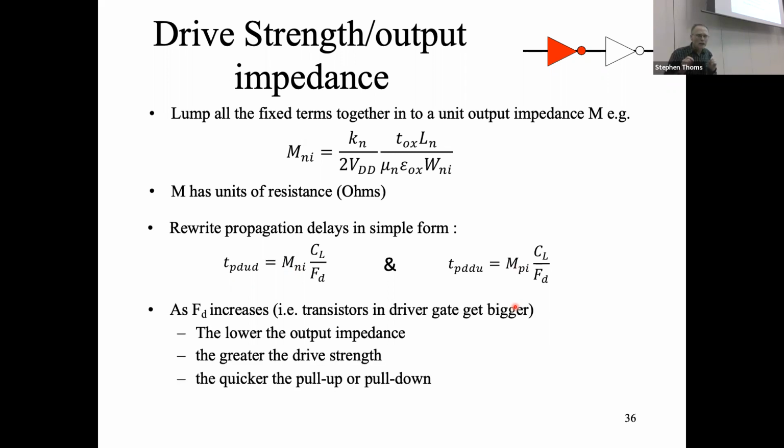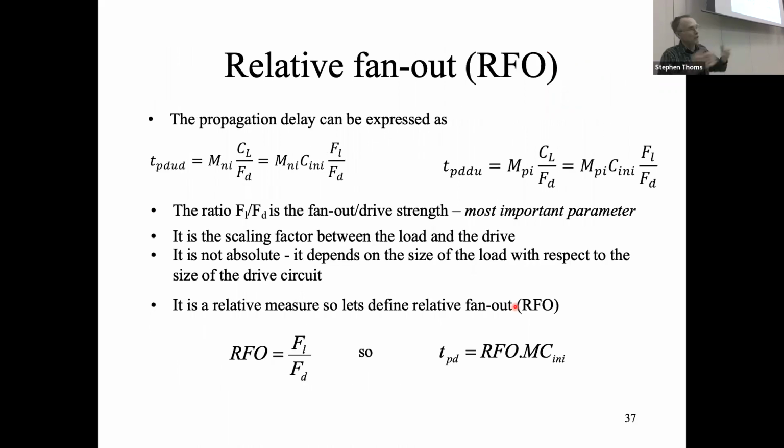So what we have is that if you increase FD, you get a bigger transistor, a lower output impedance, greater drive strength, and better pull down. But of course, you have the penalty of a bigger transistor. Now the propagation delay is given by this equation here.